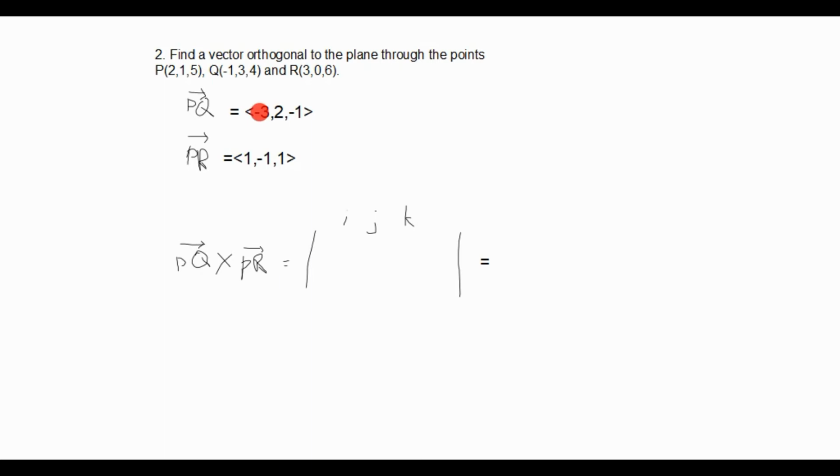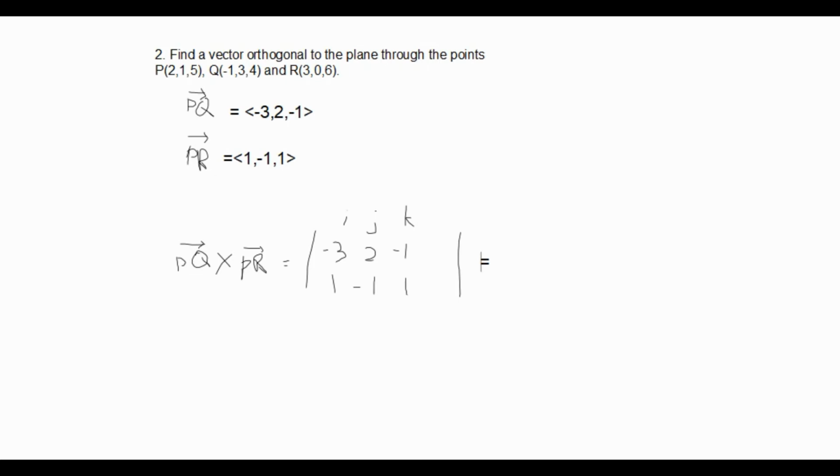Right, now we're going to transfer PQ over here. So -3, sorry, -3 to -1, and here is 1, -1, 1.